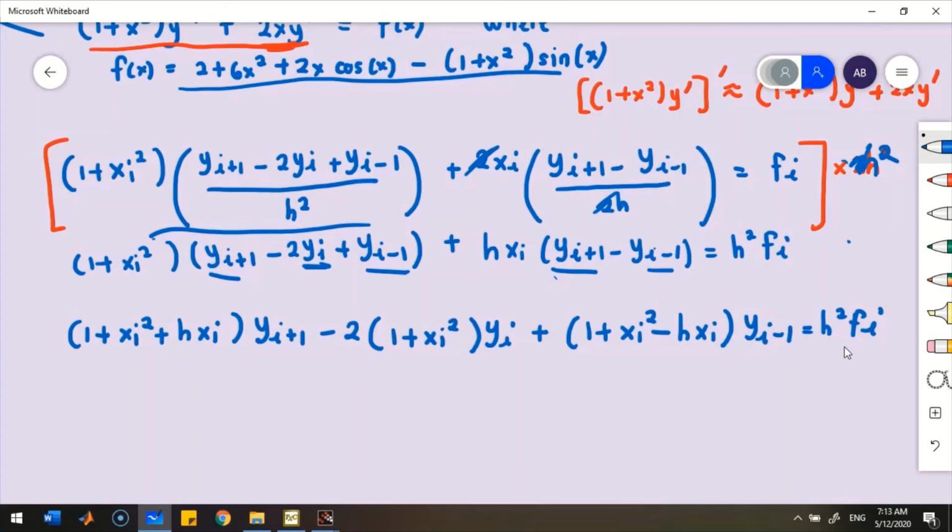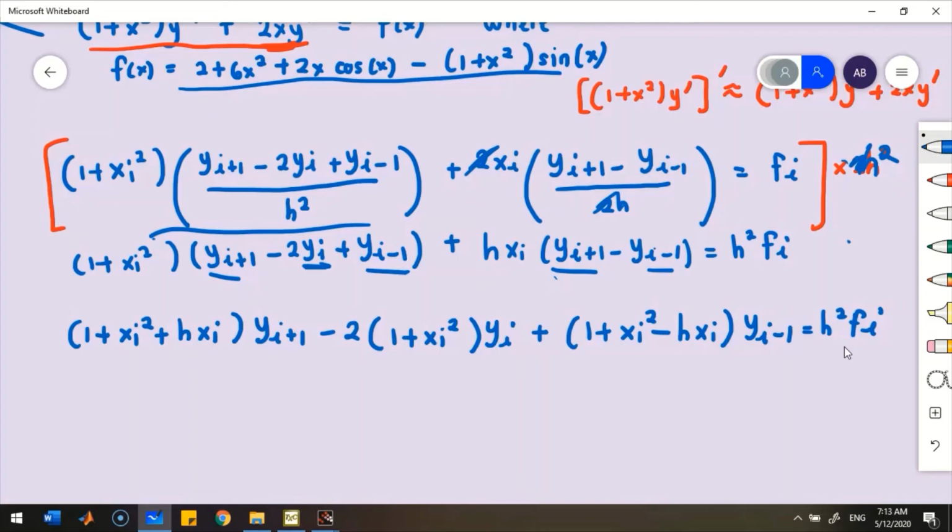I can take the negative out for yi minus 1. How can I arrange this in the form of yi minus 1, in the form of negative h?